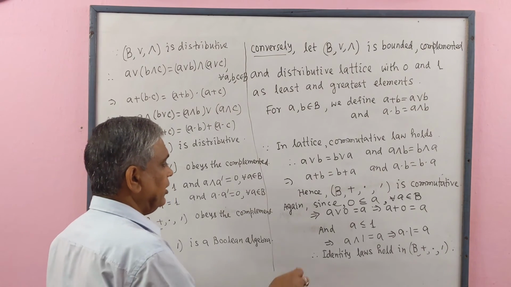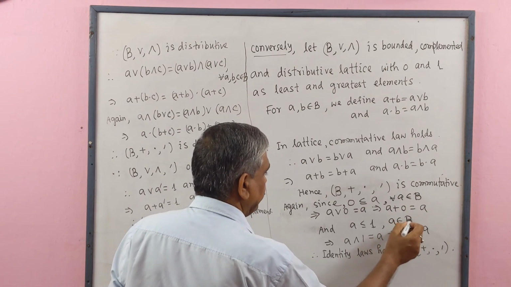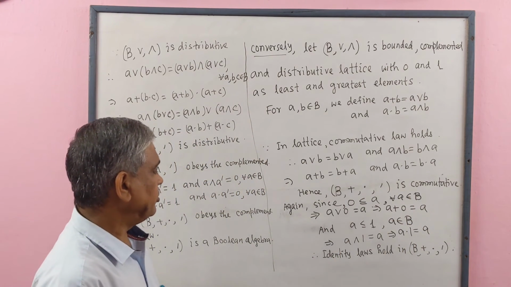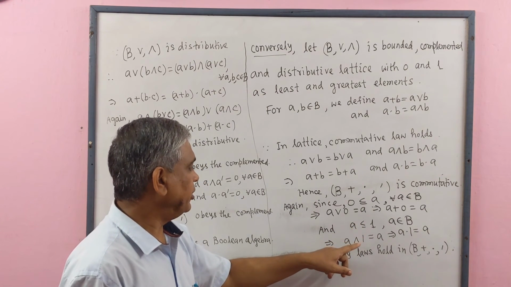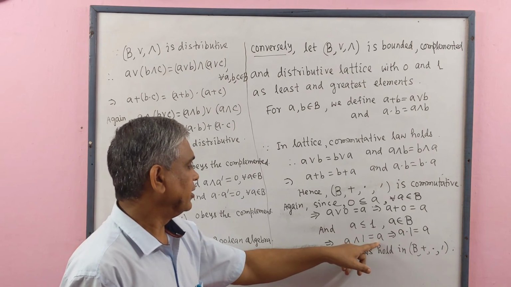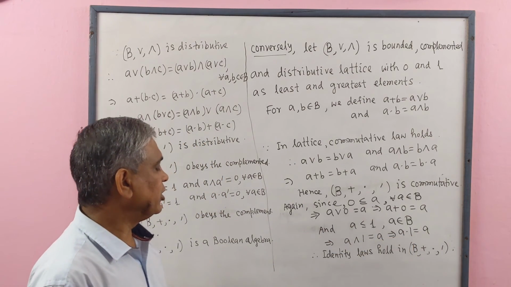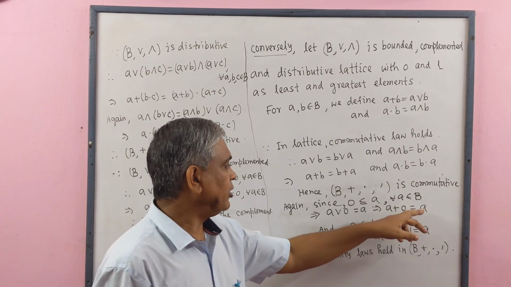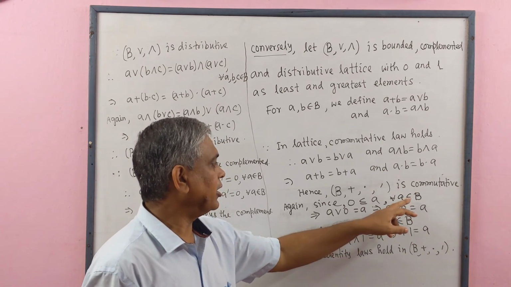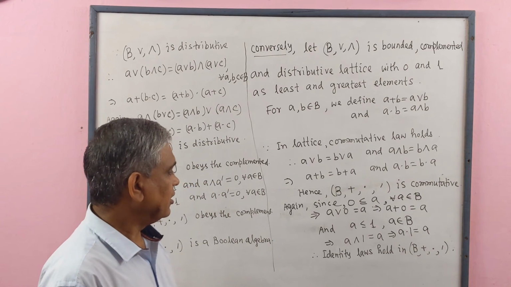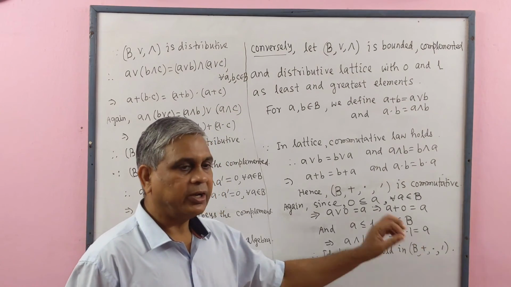Therefore, A is related to 1 for all A belongs to B. If this case holds, then we know that in lattice A meet 1 equal to A. In place of meet, we write dot, A dot 1 equal to A. Therefore, we get A plus 0 equal to A and A dot 1 equal to A for all A belongs to B. Hence, identity law holds in B with plus, dot and complement.